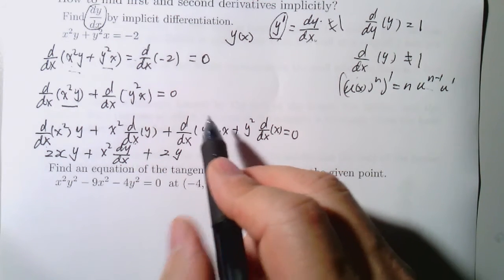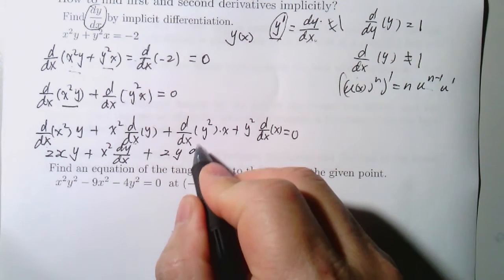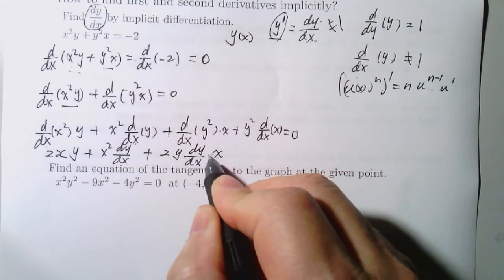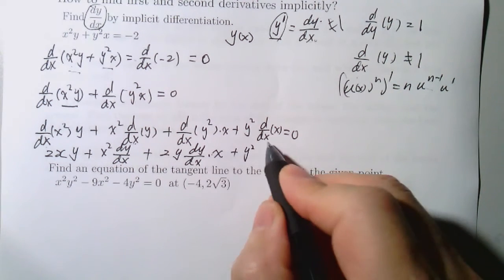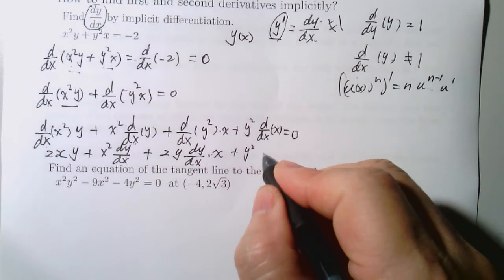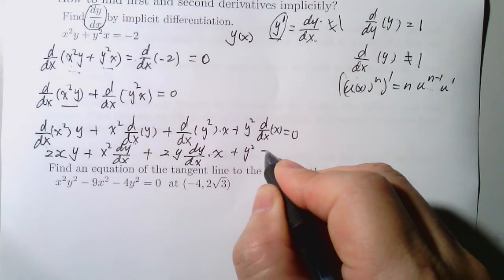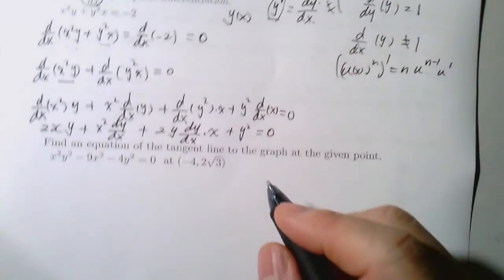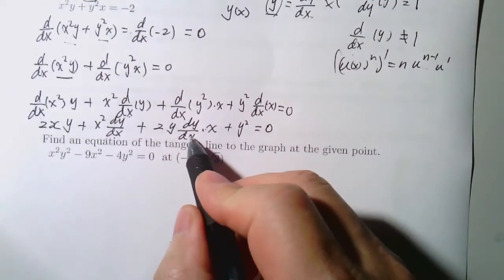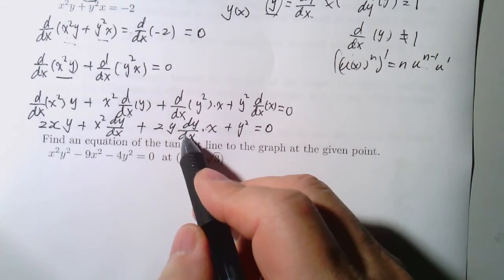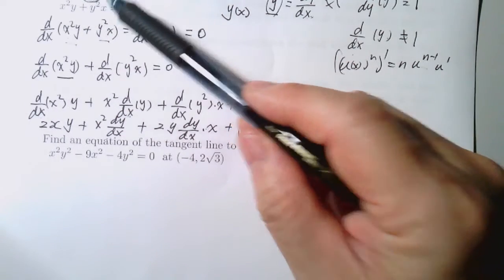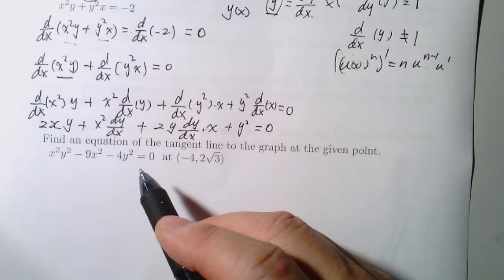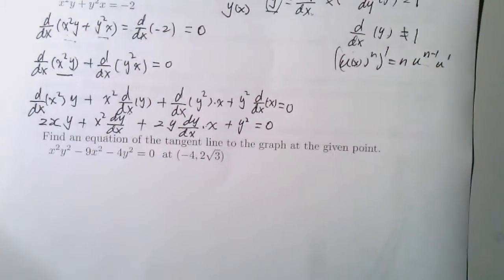But we prefer to write y prime as dy dx. Again, don't consider that equal to 1. Then y squared times the derivative of x, which is a regular derivative and equals 1. Now you can see these two terms contain dy dx, and because we want to find dy dx, I need to solve for dy dx. Now I'm going to write here.